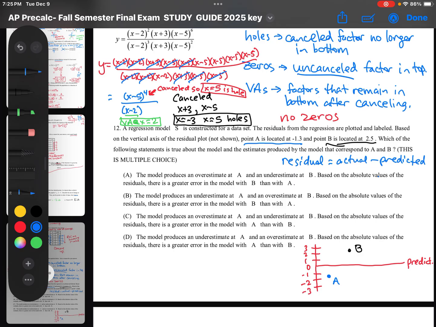Point A has a negative residual, which means that the actual value was less than predicted. So negative residual means that actual is less than predicted.